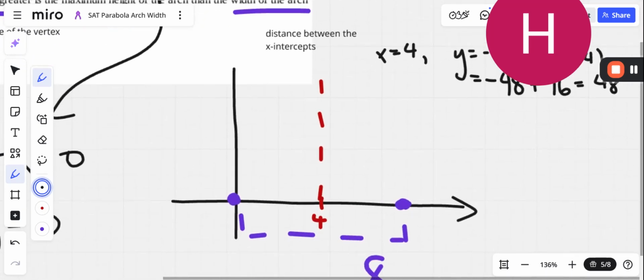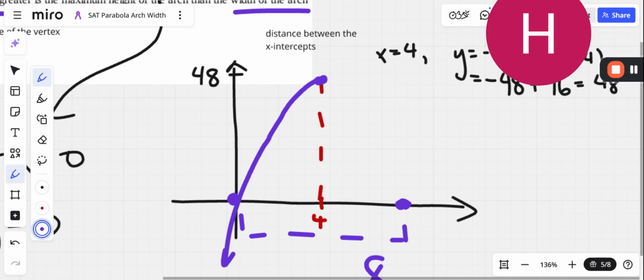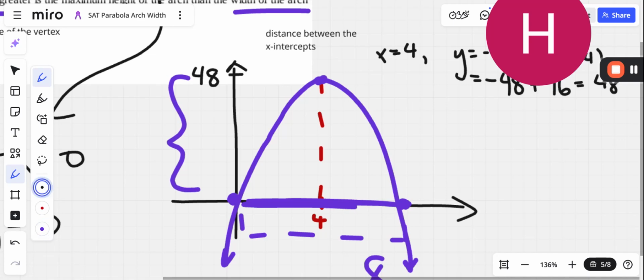So definitely not drawn to scale, but that's okay. We can use numerical labeling to insist that this is y equals 48. I insist. And we have a parabola which goes like that. It would definitely go very steep if I had drawn it to scale, but you'll notice how these extra parts don't matter. We just care about this width, and we just care about this height.